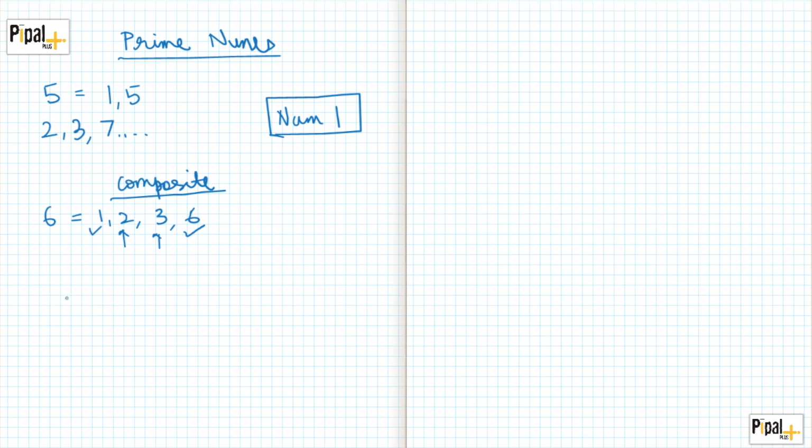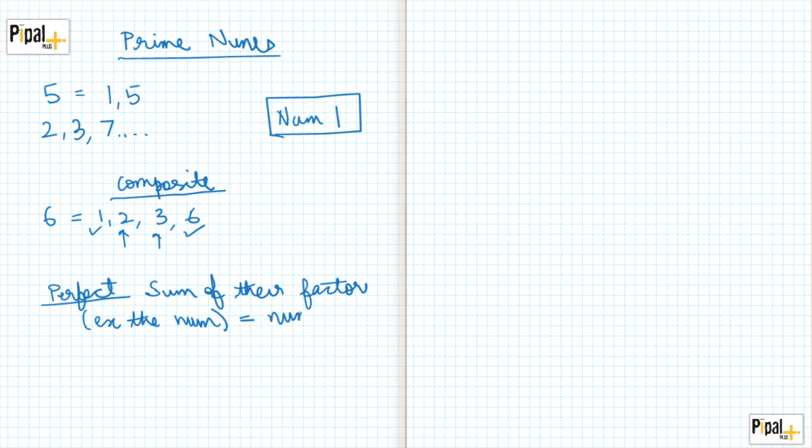Now after prime numbers and composite numbers, let's look at perfect numbers. Perfect numbers are unique in the sense that the sum of their factors, excluding the number itself, is equal to the number, right?